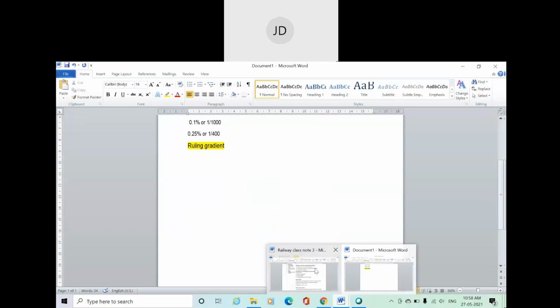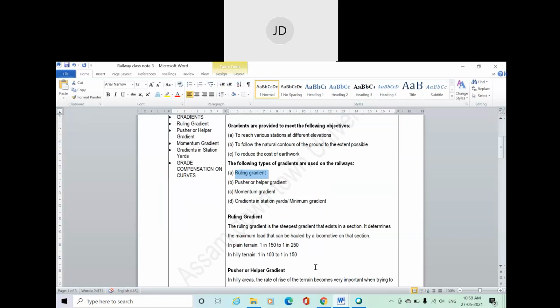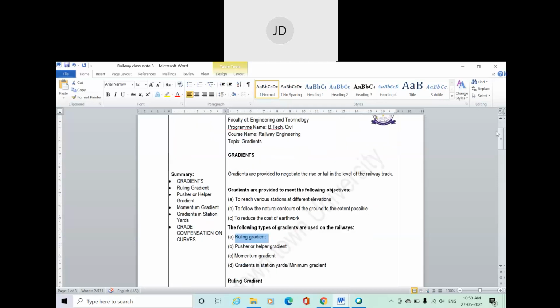Up to this point, if it is clear, I want to close the class, because we are not going to complete all these things. In this class, we discussed what gradient is, its basic definition, the purpose and advantage of gradient, and different types of gradient: minimum gradient, ruling gradient, pusher gradient, and momentum gradient.